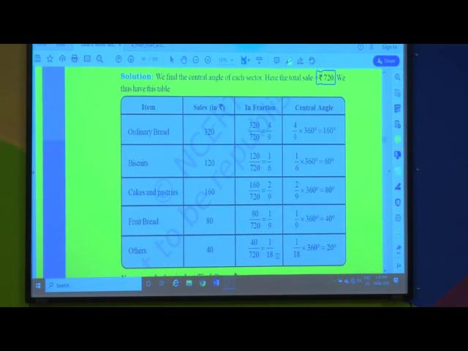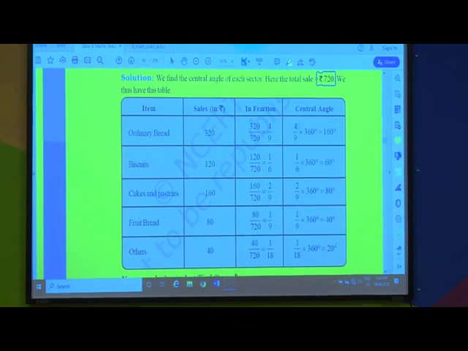This fraction in the circle, we have to find out how many degrees it becomes. So this is one sector, of ordinary bread. 4 upon 9 fraction into 360 degrees. Why? Because the whole circle is of 360 degrees, and out of that we take the 4 upon 9 part.